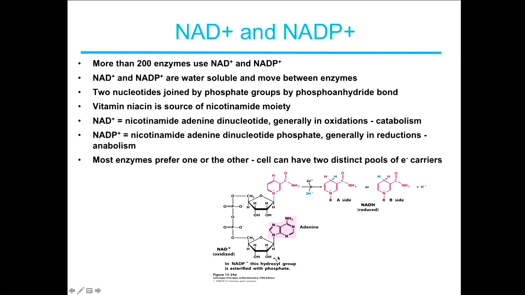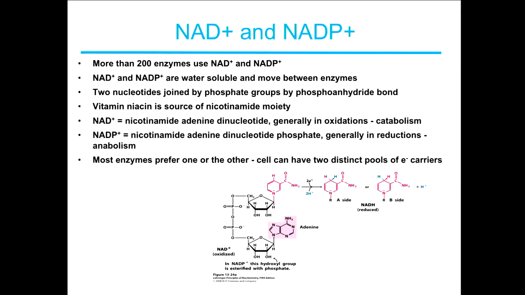Down here, this should hopefully look familiar. You have adenine, ribose, phosphoryl group. So that's basically AMP right there. Up here we have another phosphoryl group and another ribose. So basically the new part is this nicotinamide ring.